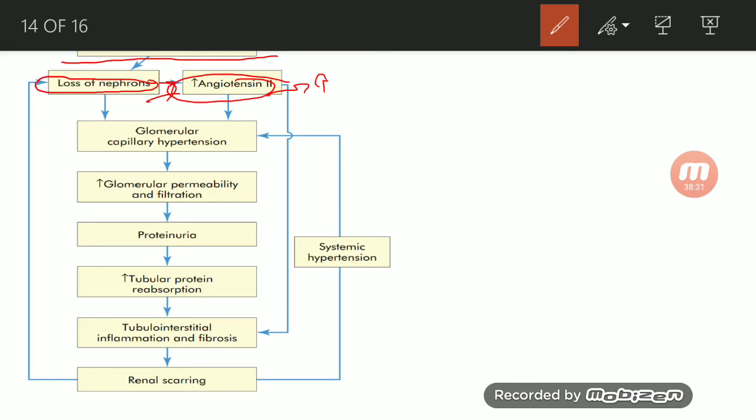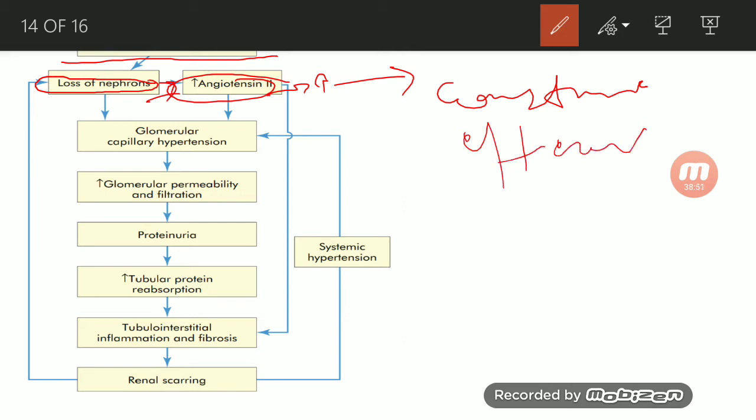Apart from that, when angiotensin 2 gets activated, it will cause constriction of your efferent arterioles.